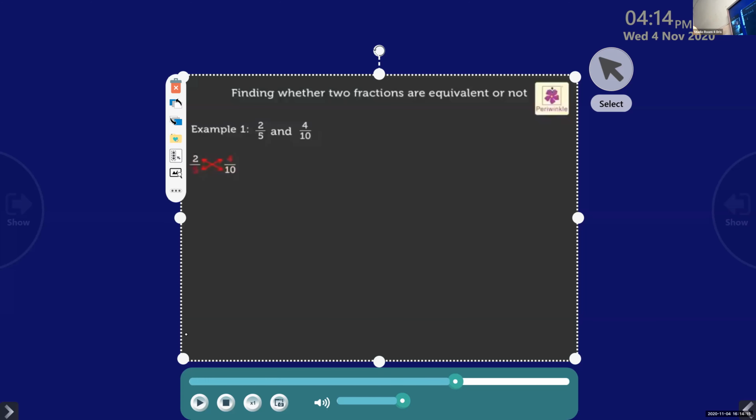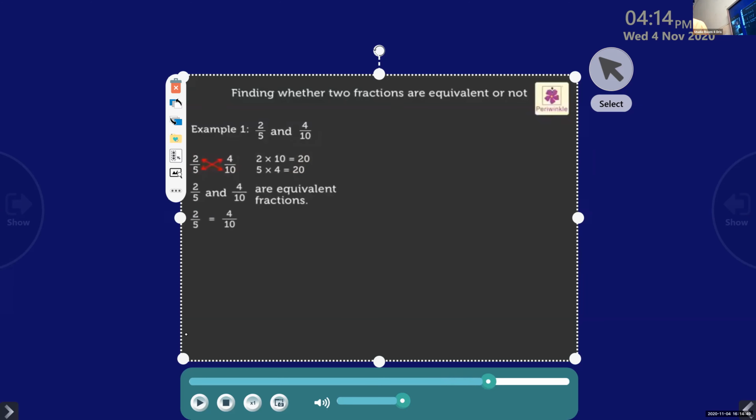We know 2 into 10 is equal to 20 and 5 into 4 is equal to 20. Here, both the products are equal. Thus, 2 upon 5 and 4 upon 10 are equivalent fractions. We write it as 2 upon 5 is equivalent to 4 upon 10.